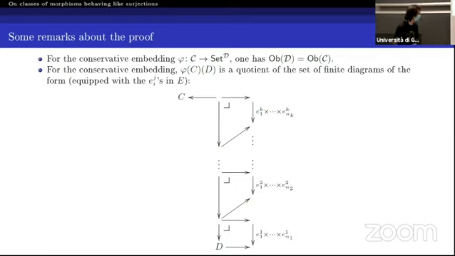Yes, because if you have a morphism here in E, you have the image here, phi of E. And you want to prove, so you have the kernel pair here, and you take any morphism, and you should construct a morphism here.